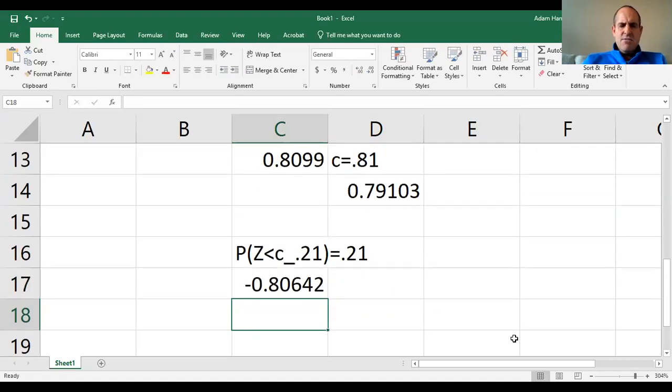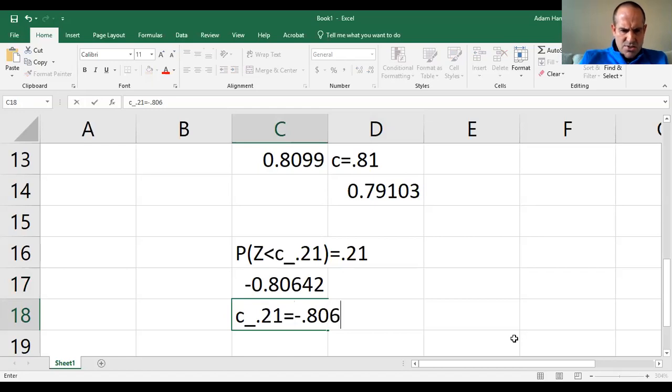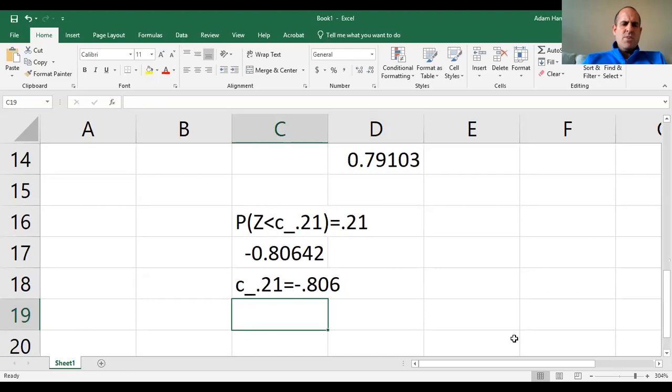And I get negative 0.806. So C sub 0.21 equals negative 0.806, basically.